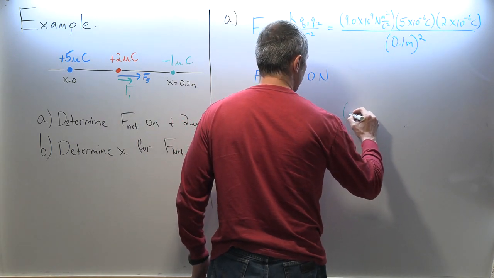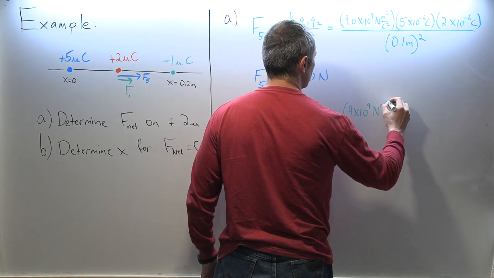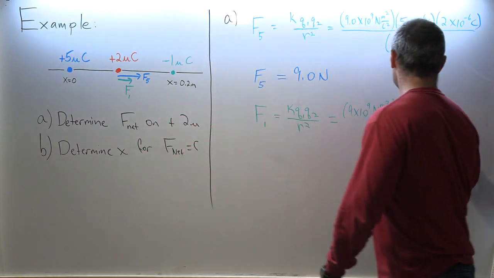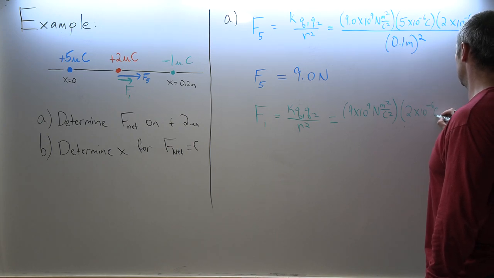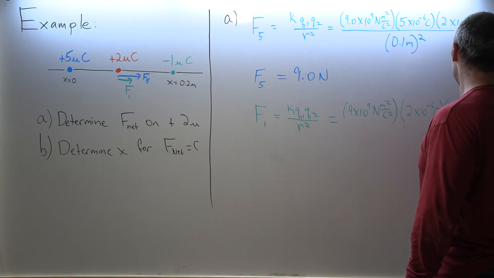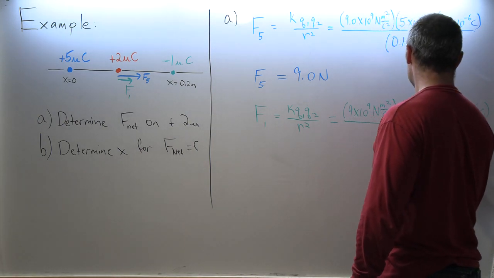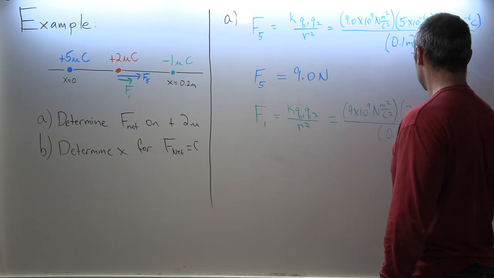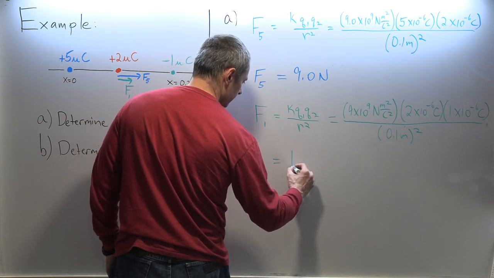I put in my numbers, 9 times 10 to the 9th, and then I've got 2 microcoulombs, which is 2 times 10 to the minus 6 coulombs, and 1 microcoulomb. And when I plug that in, I get 1.8 newtons.